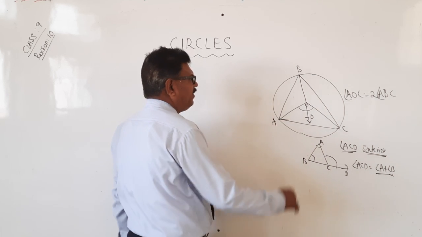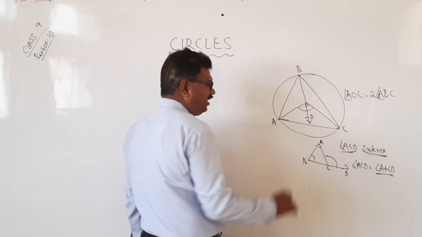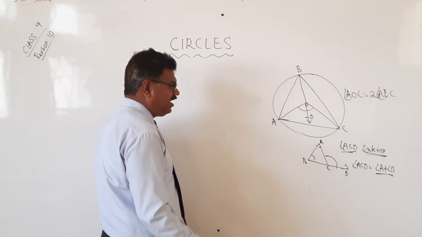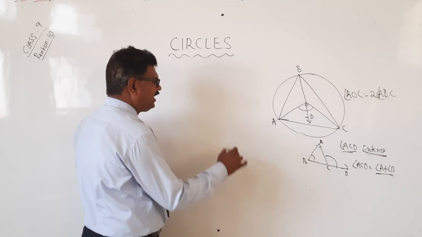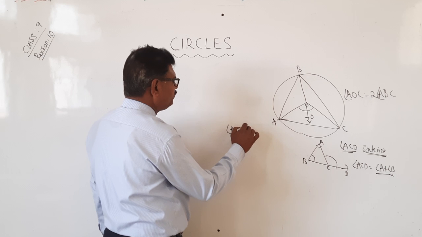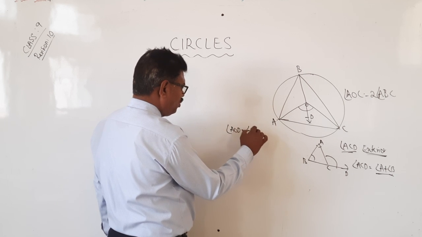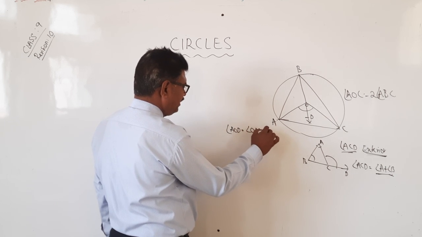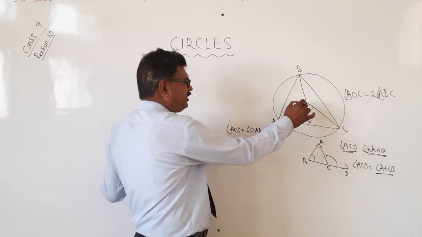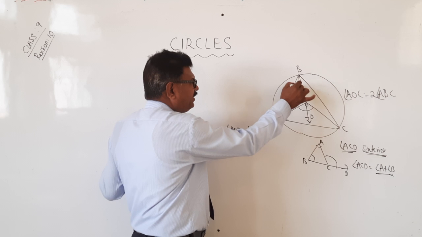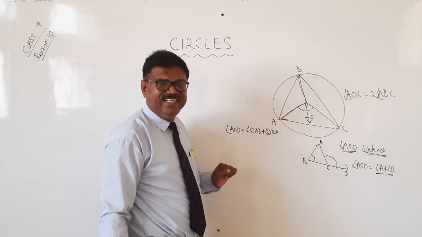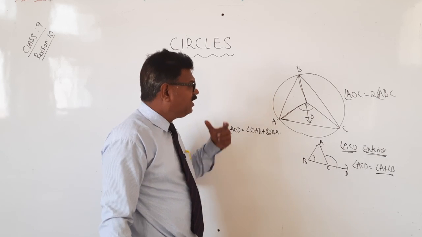So now I will take triangle ABO. For this, AOD is an exterior angle. Therefore, angle AOD equal to angle OAB plus angle OBA. But if you observe, OA and OB are equal sides, so it is an isosceles triangle.